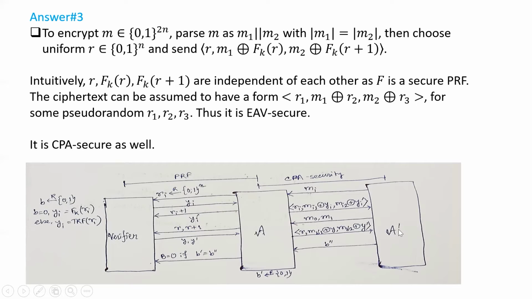So A is also able to break the CPA security of this crypto system with negligible probability only.